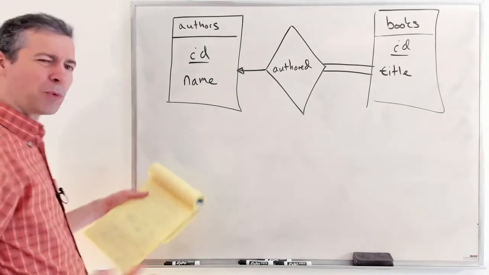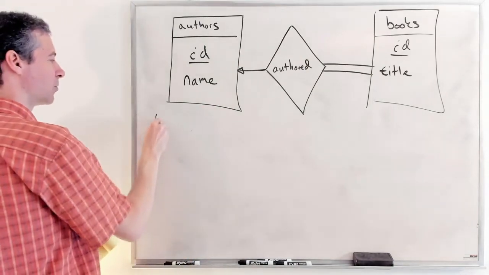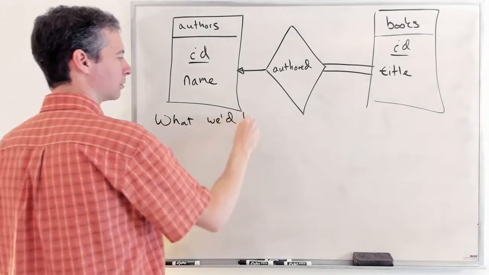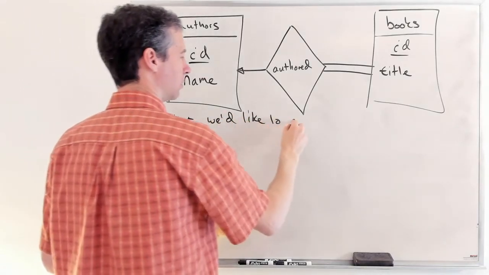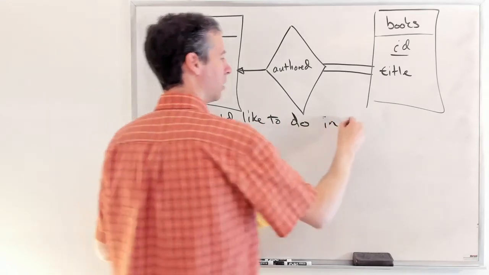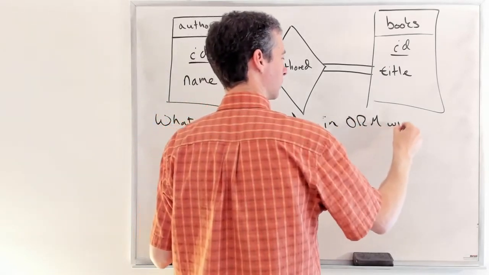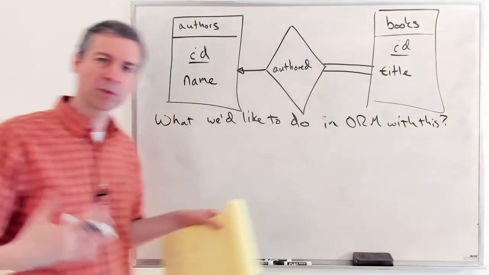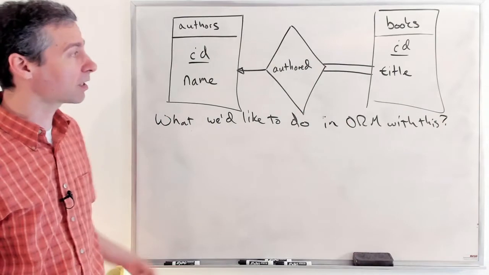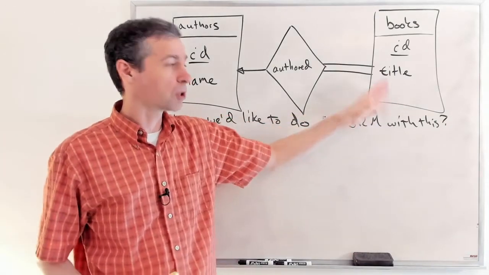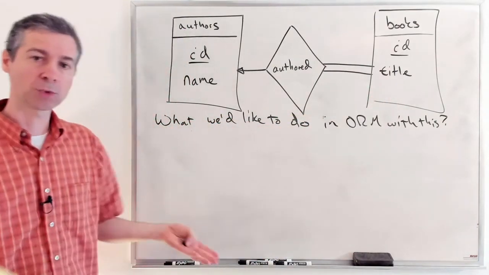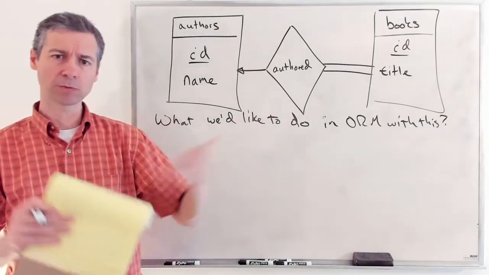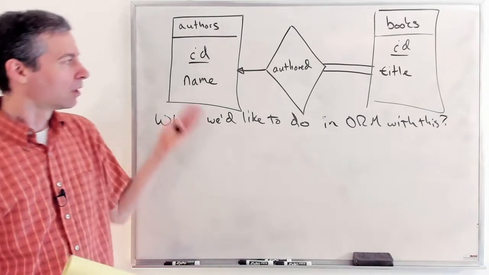All right. So what would we like to do in an ORM with this? Well, what does it mean? What do we want to think about? Before, we've seen, oh, okay, great. We can have a book model and we can make individual books and we can create them, save them to the database. We can find them, we can query and do that sort of stuff.